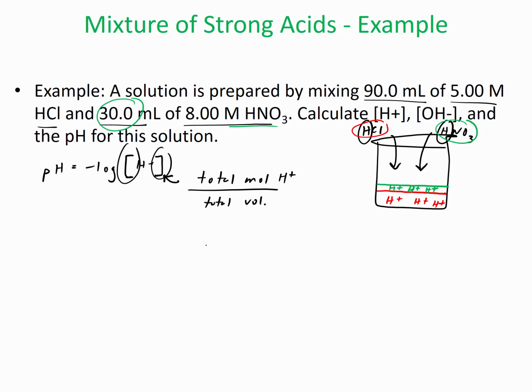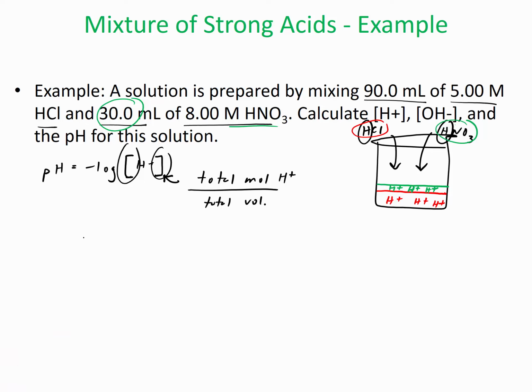So our total moles of H plus is going to be 90.0 times 10 to the negative third liters times 5.00 moles per liter. I meant to keep these colors consistent, sorry about that, so let me do that real fast.